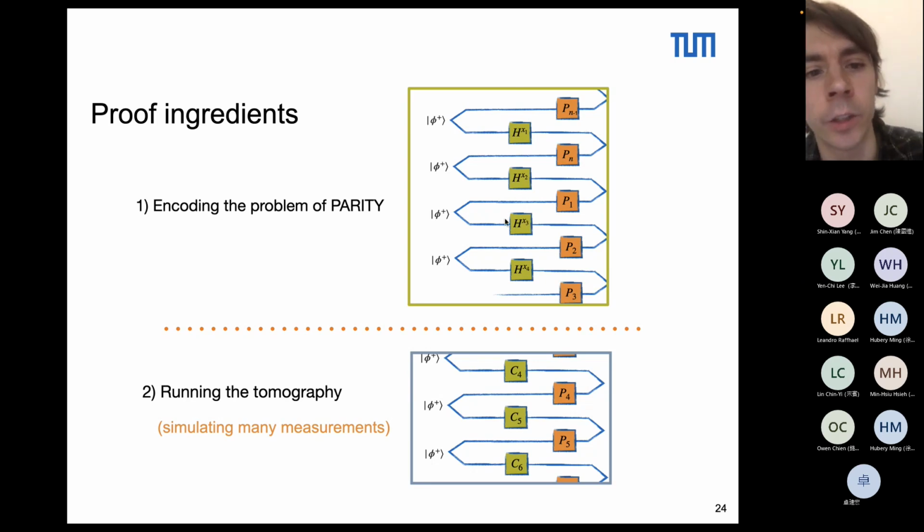So the sub-circuit that encodes parity outputs some quantum state, and then using the rest of the circuit, we make different measurements on the quantum state.